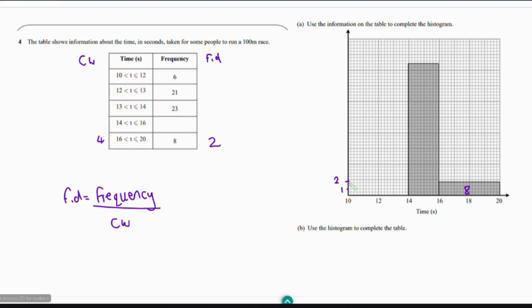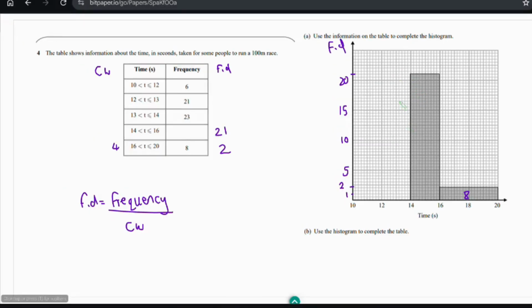So we'd have 5 here. And this would be 21. Okay, so we know the frequency density is 21 here. That's the frequency density. That's the height of the bar though, not the frequency. Class width is 2.